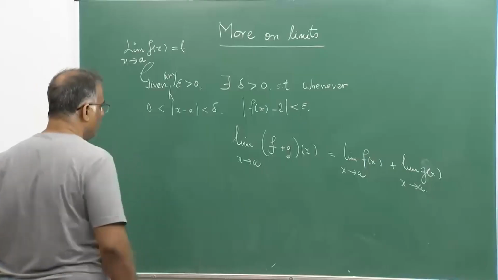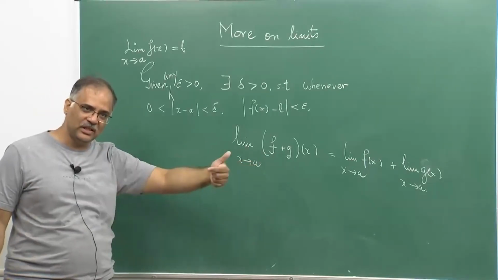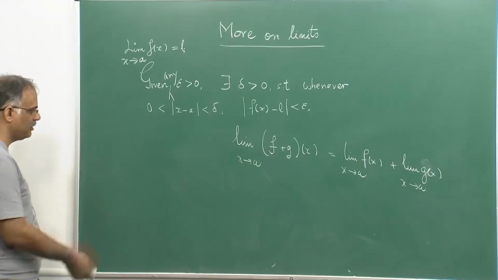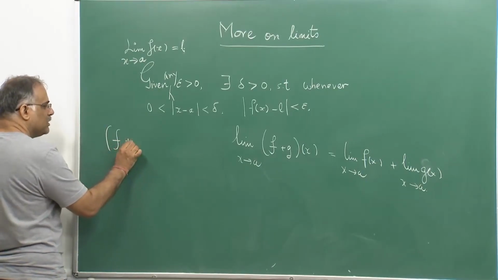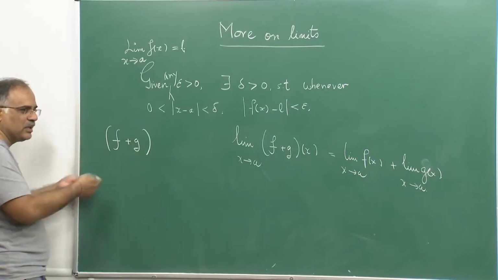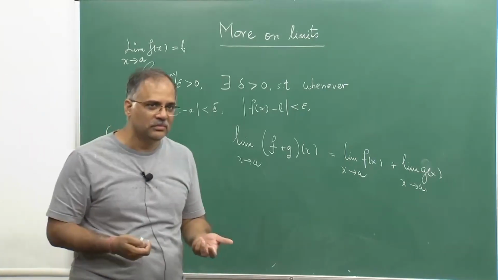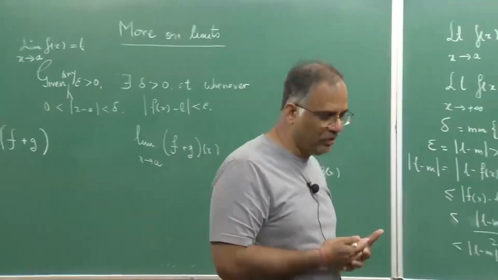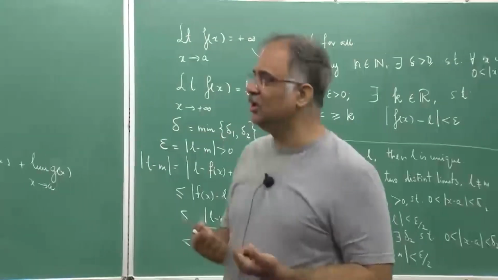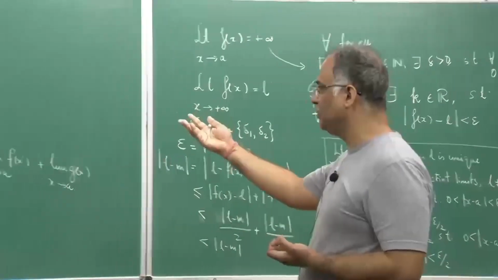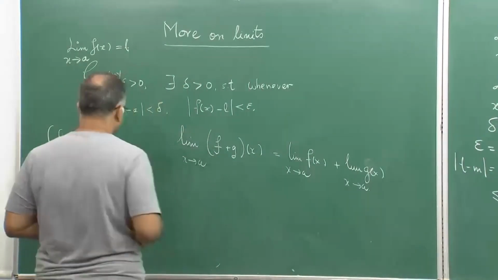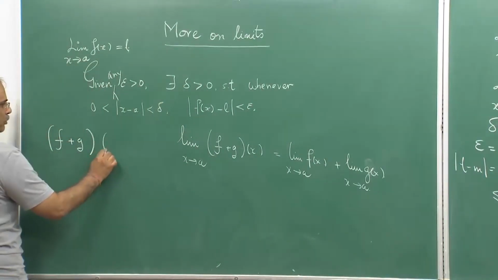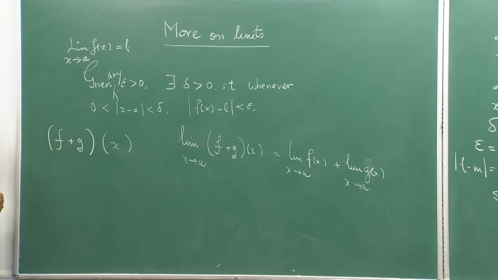So, if I am going to really look into this formula, the first step of rigor as a mathematician would be to define what I mean by this new function f plus g. It is like summing up two machines. I tried to explain to you functions as some sort of a machine, and so here we are summing up two machines. So, what do you mean by this summing up? If it now operates on an input, what does it say?